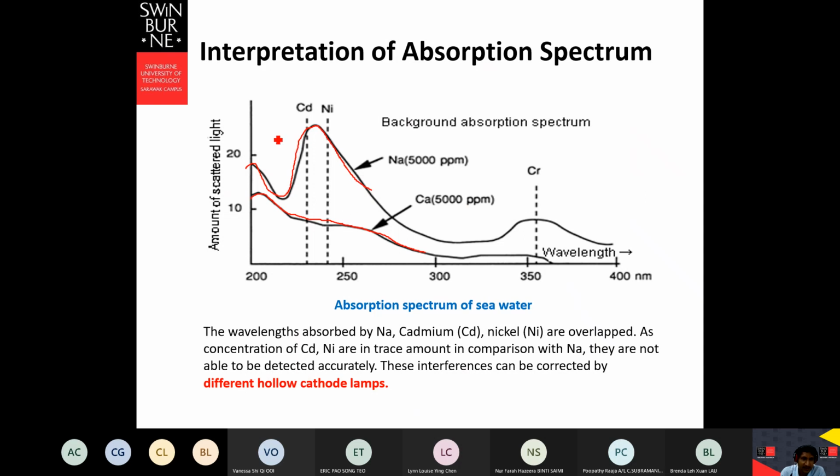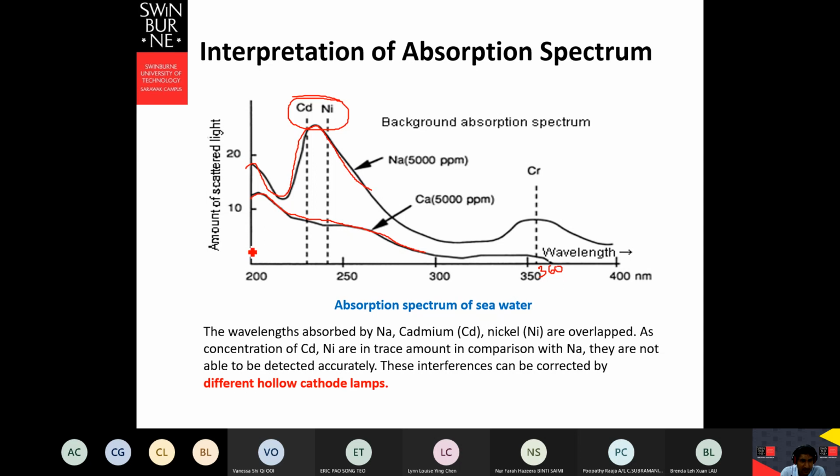But the problem is, we know that in that seawater there are both nickel and cadmium, and nickel and cadmium have a very close absorption spectrum. So how do we find out which is which? Chromium is around 360 nanometers, where it absorbs the light.